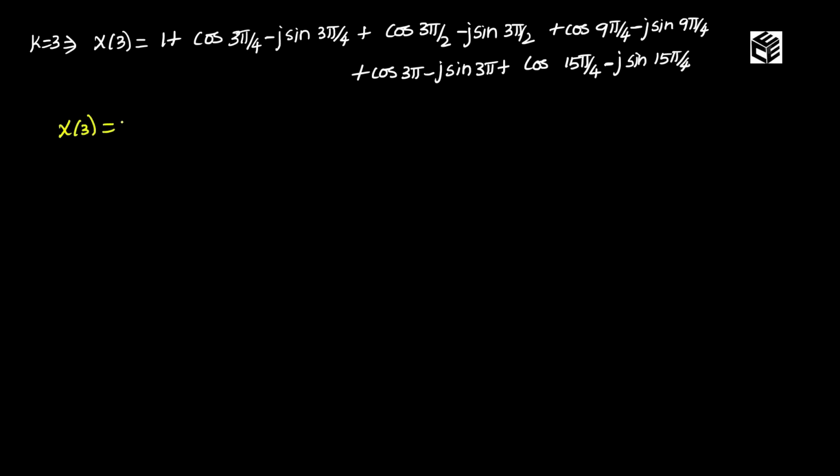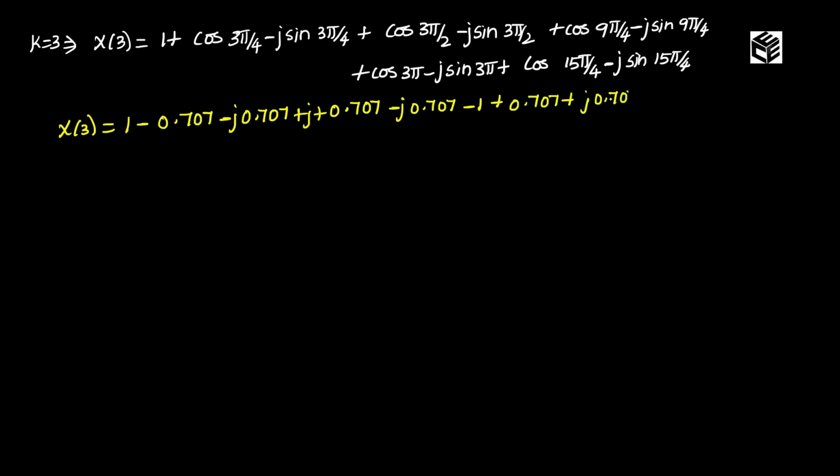Calculating the values, I will get 1 minus 0.707 minus j 0.707 plus j plus 0.707 minus j 0.707 minus 1 plus 0.707 plus j 0.707. So the answer is x of 3 is equal to 0.707 plus j 0.293.